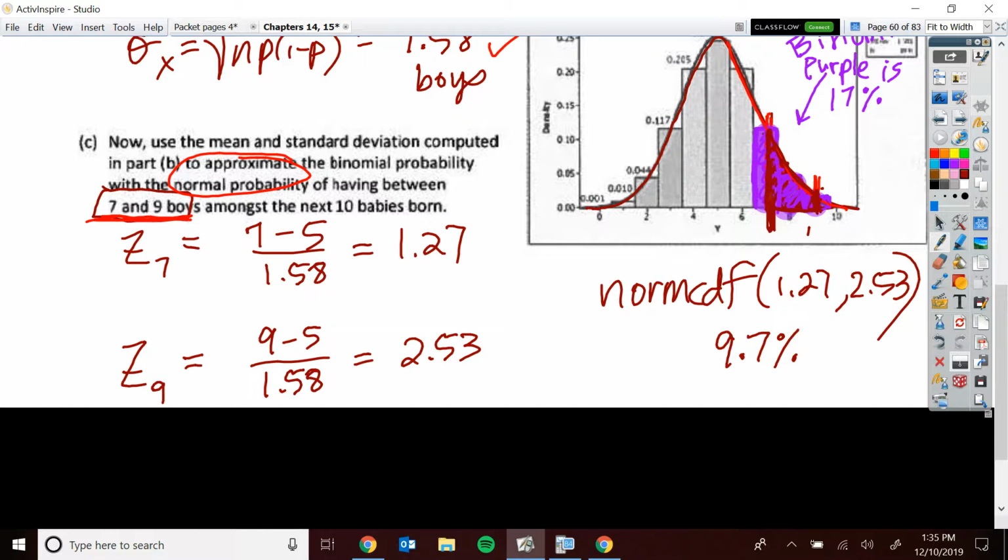How do I get this area, this probability, this proportion of observations from 7 to 9? How do I get that area there? I use normalcdf from the low z-score to the upper z-score, and it's 9.7%. So this red area is 9.7%. What do you have to say about the comparison of the purple to the red?